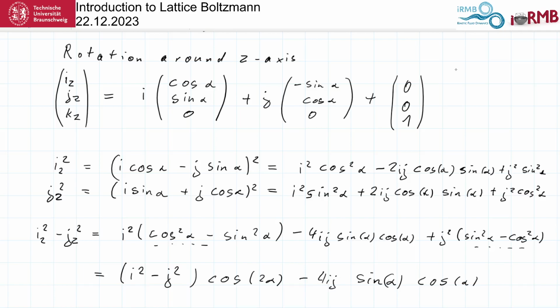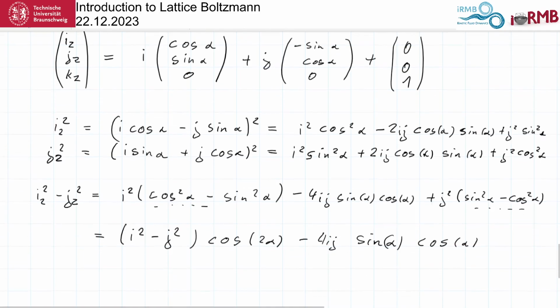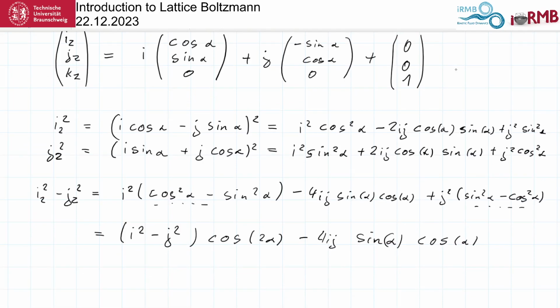So what does this mean for the moment? This means that there is a potential change from i squared minus j squared. This was what we had before, and you can see that if we put 0 there, so no rotation, we get out what we put in, and this will disappear. However, there's also the possibility that this disappears and we have this guy here, which comes in with ij.